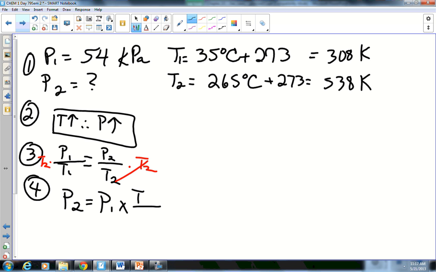That's why algebra, somehow everyday math kind of left some of us a little. Okay, look, I multiplied both sides by T2, so where does T2 go? On the top, and T1 on the bottom.